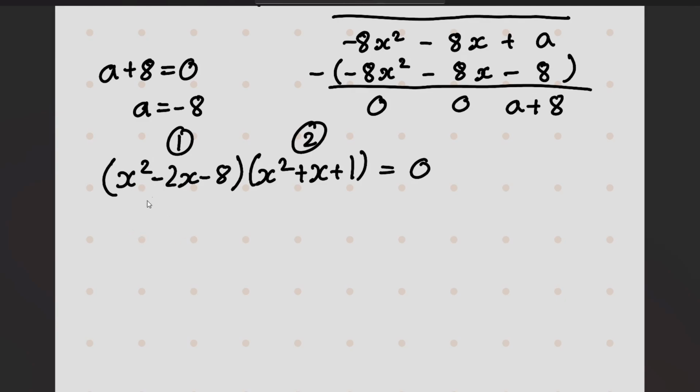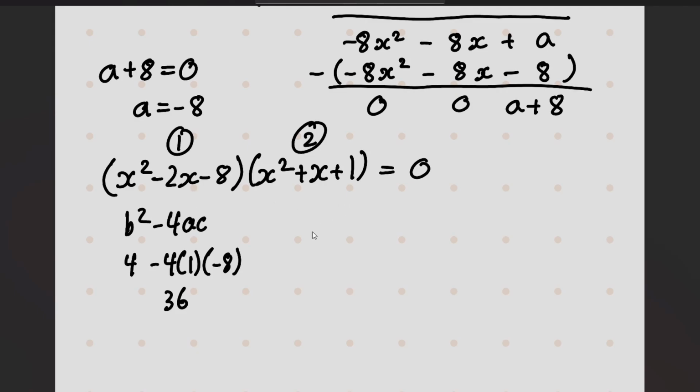So the discriminant of the first equation will be b squared minus 4ac. We're not going to equate it to something yet. And we'll be getting 4 minus 4, a is 1 and c is negative 8, which gives us 36, which means this definitely goes below the x-axis, and hence we're going to try to find the roots of the first equation.